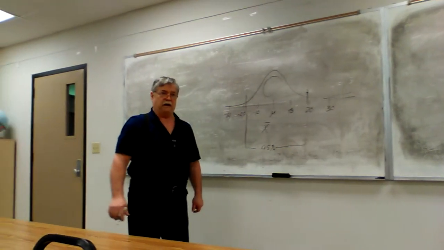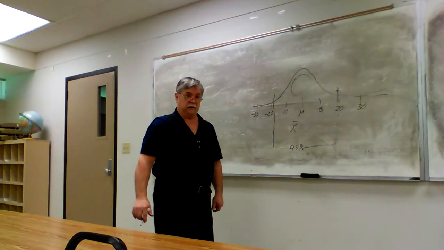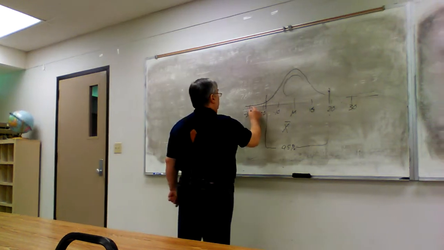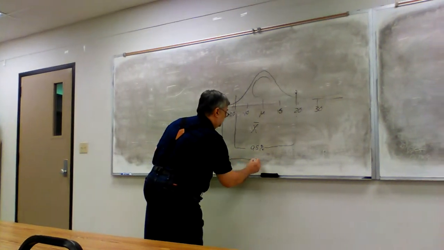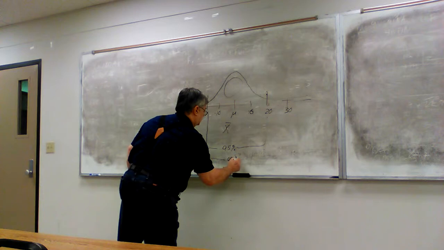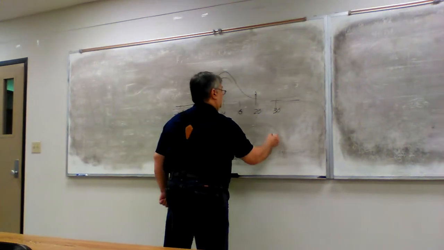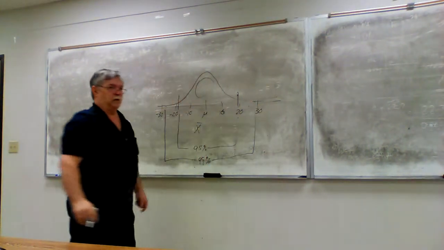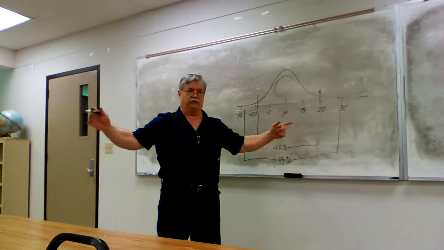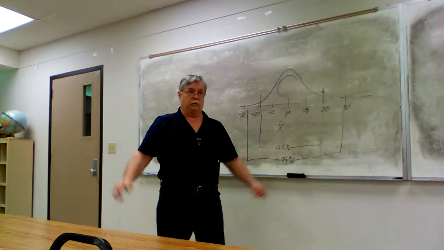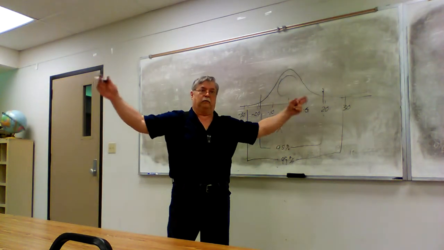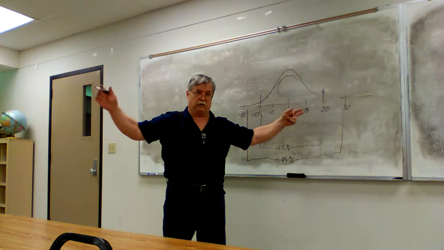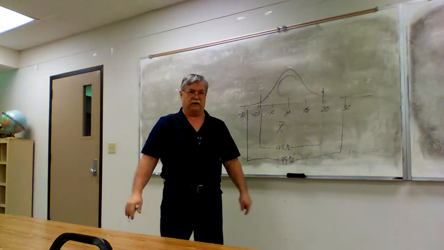If we wanted to make it 99% confident, then we have to come out to here, and make a much wider, larger interval. We're more confident, but now we're no longer being as precise.